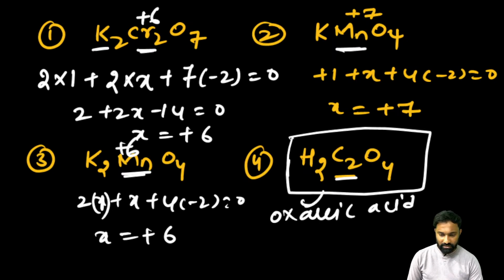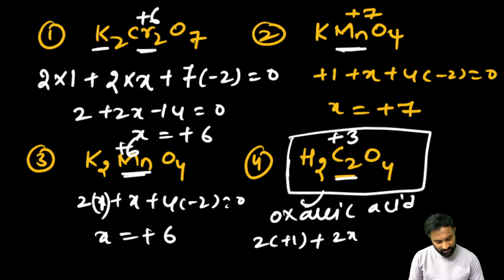Good, good, good. Now the carbon oxidation number in oxalic acid is plus 3. Because 2 plus 2x plus 4 minus 2, if you do this, you will get the answer. Right. Okay, fine.